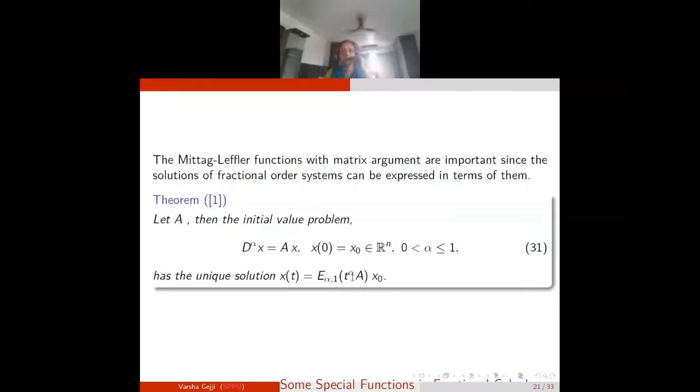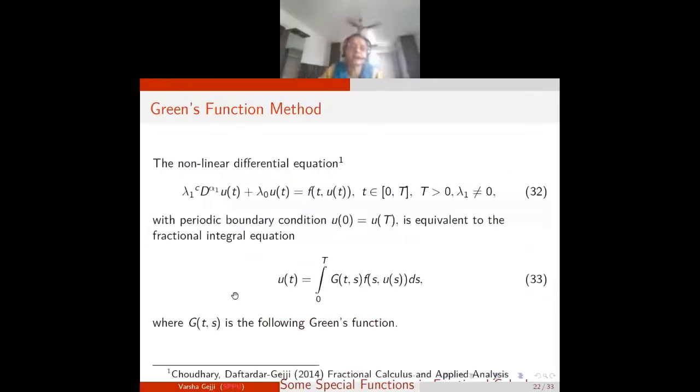Then it has unique solution E alpha comma 1 T alpha A. So you can see this exponentiation is nicely replaced by Mittag-Leffler. So Mittag-Leffler function comes very often, or rather all the time, you can say. So this is the beauty, and it comes in its generalized forms.